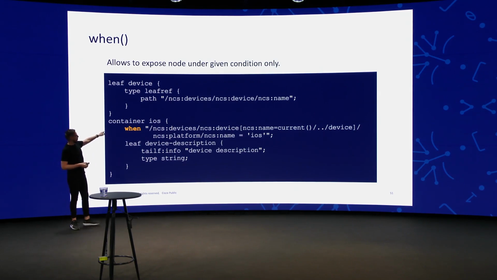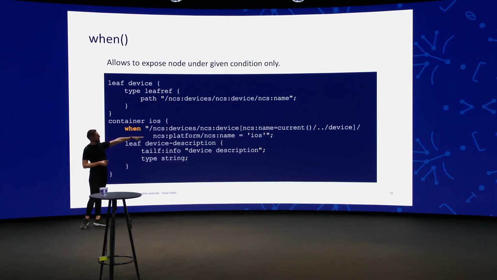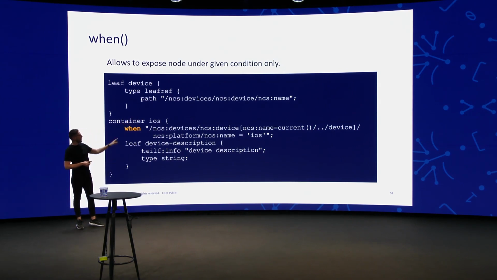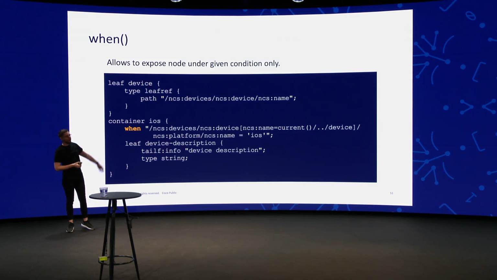In this case, when the platform name of the device that we are currently configuring is iOS, we are going to show the option for filling in all of the parameters that are under container iOS. Just a simple example, but most of your vendor-specific parameters will have this when statement included, to specify that it should show this in the CLI when this condition evaluates to true.